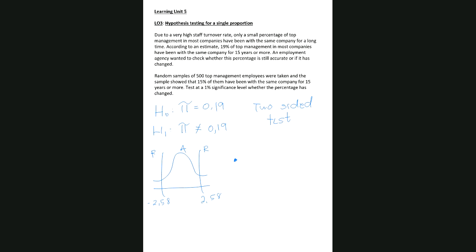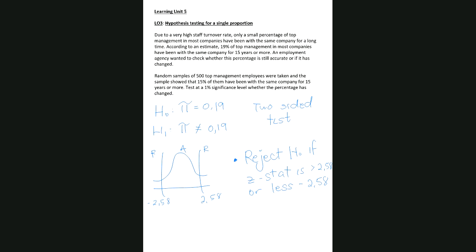But the mark allocation comes from only stating the rejection region, so in this case, it would say you would reject the null hypothesis if the Z statistic is greater than 2.58 or if it's less than minus 2.58. Okay, so these are regions of rejection.